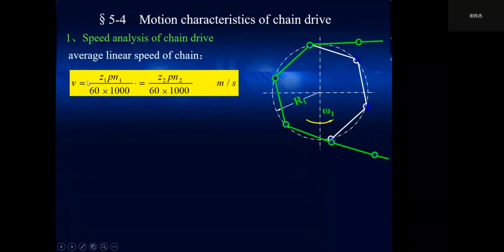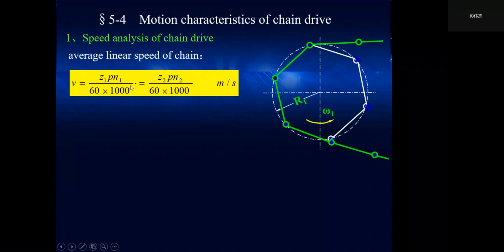So for the average linear speed, the average linear speed of the driving sprocket should be equal to that of the driven sprocket. So it's equal to Z2 times P times N2 and divided by this.